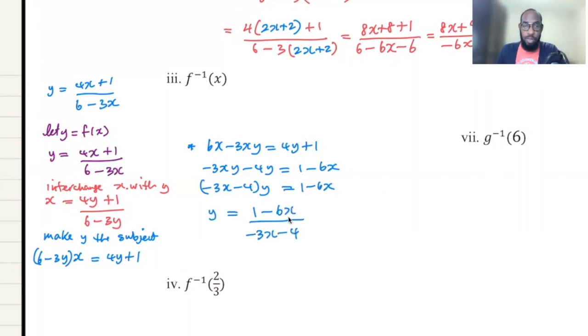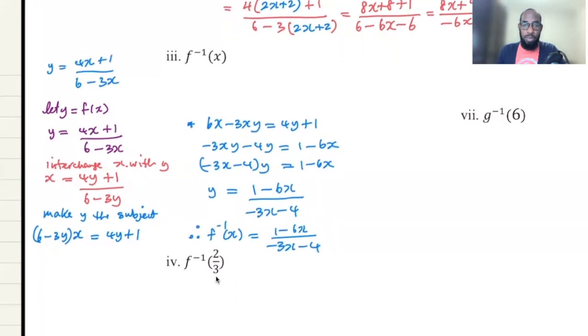So this is what y is equal to. Y in this case is equal to f inverse x, right? So you just put it: f inverse x is equal to this. This is f inverse x here.